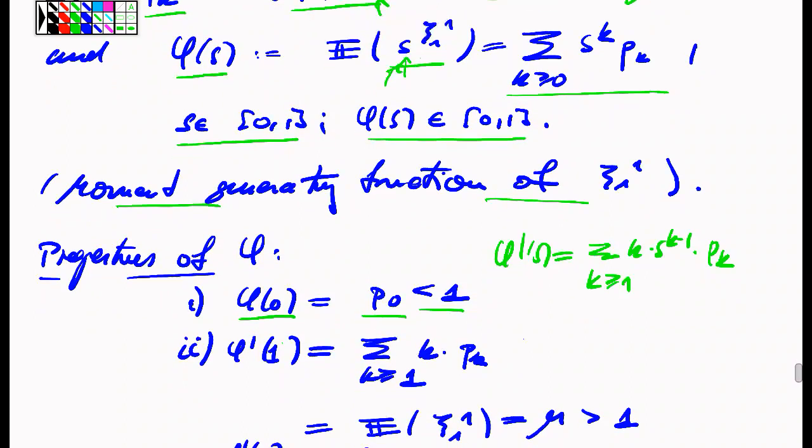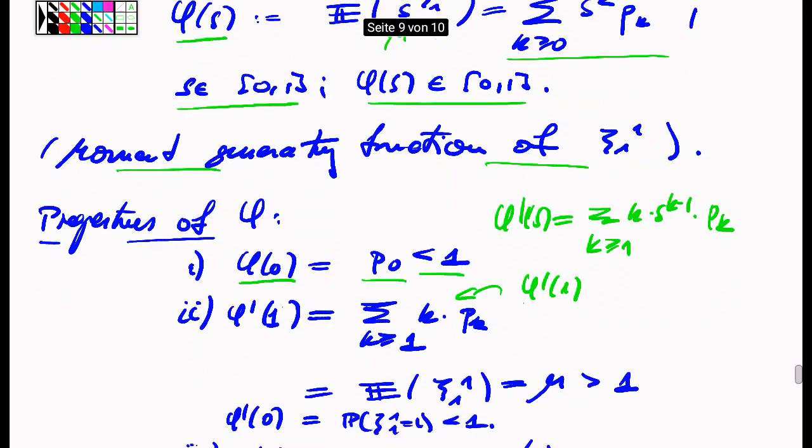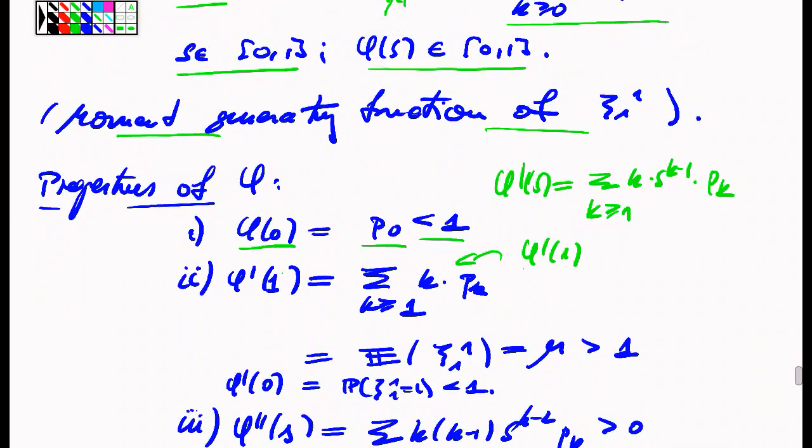And if we evaluate this at s equals 1, we get this term here, because all these s powers are equal to 1 in this case, and this is just the expected value of psi 1, 1.